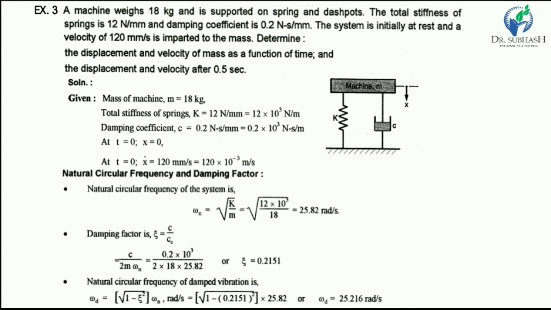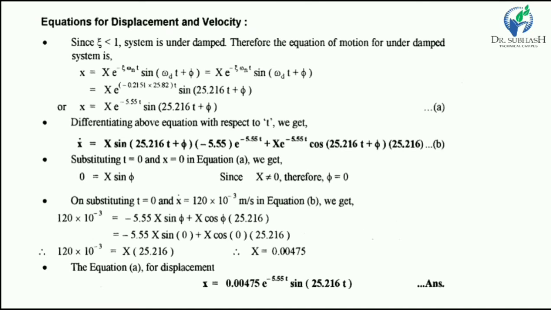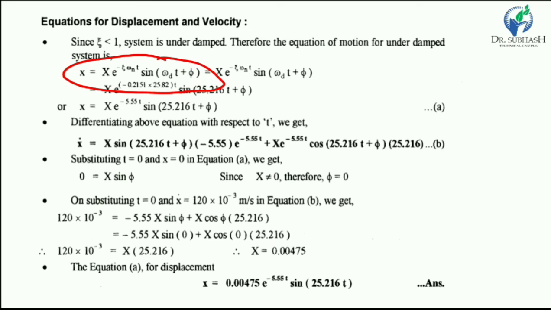Now we know the displacement equation for the under damped case: x is equal to capital X e raised to minus zeta omega n t into sine of omega d t plus phi. Omega d is the damped circular frequency, or angular velocity, for the damped case.